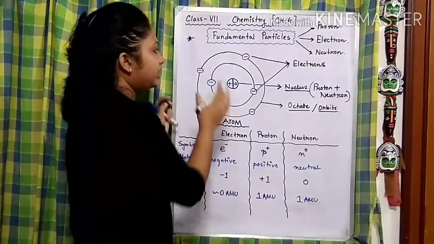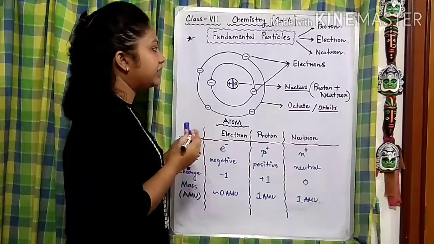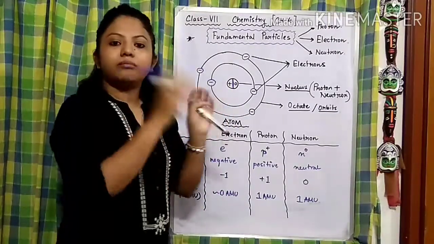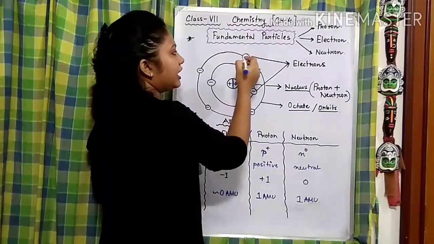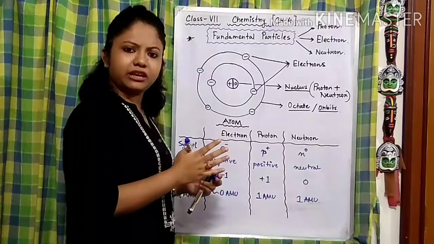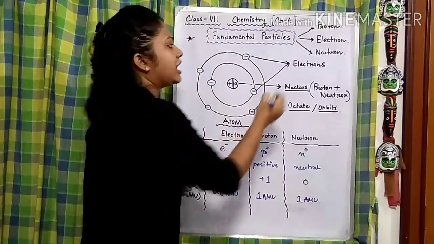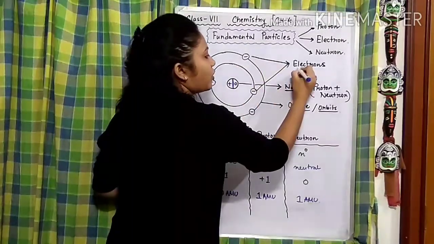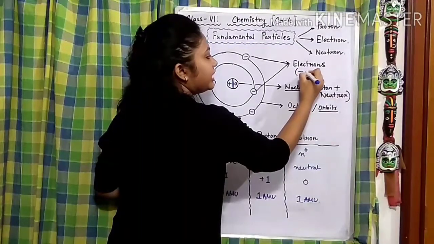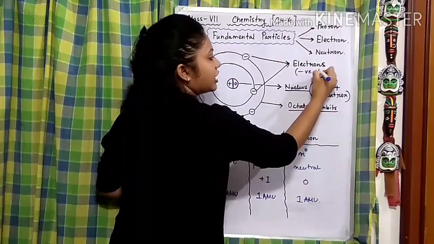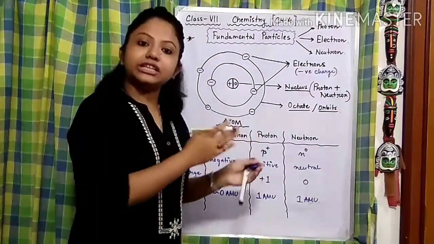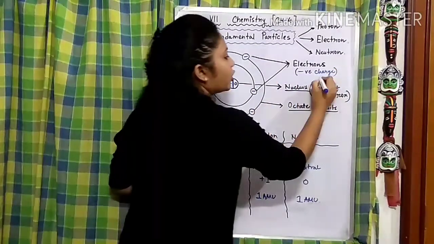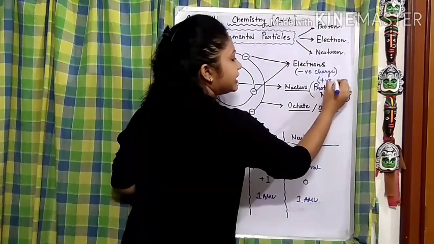Okay, so here you can see that I have marked certain signs in there. So it must have some meaning. So what is its meaning? This sign stands for negative charge. So electrons contain negative charge while the protons have positive charge.